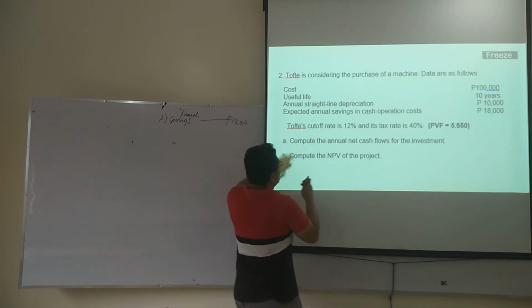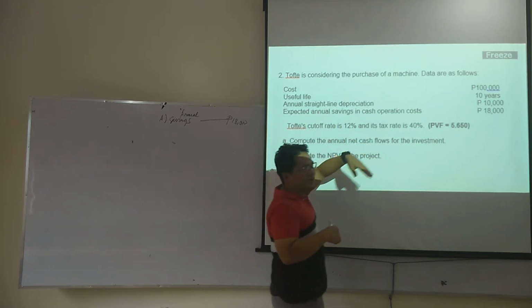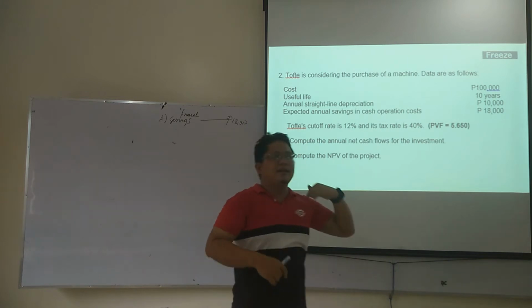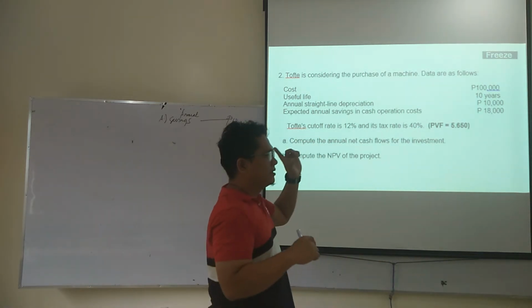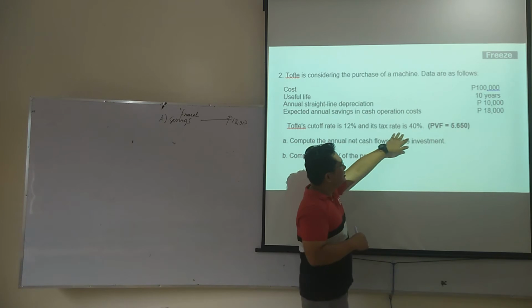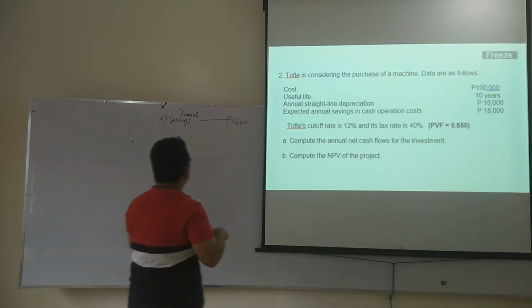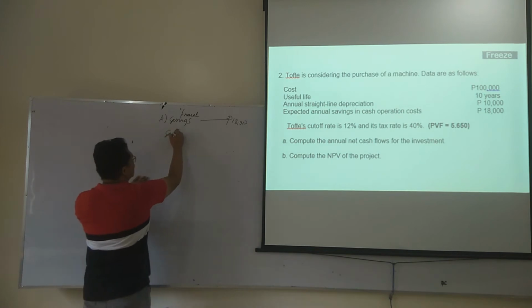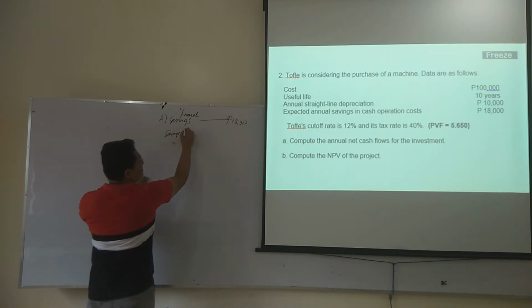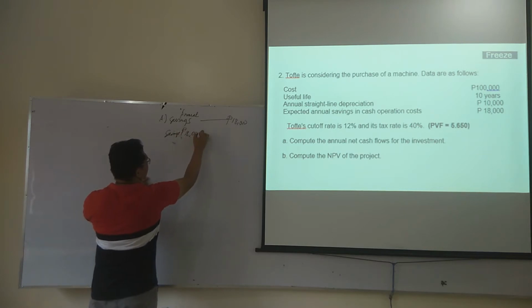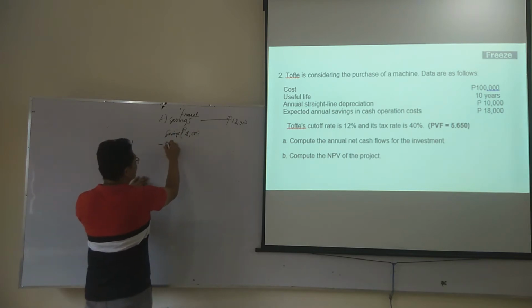So that means when you save on operations costs, your income will increase. Consequently, your taxes will also increase. So your taxes will be your savings, which is 18,000, less your depreciation.